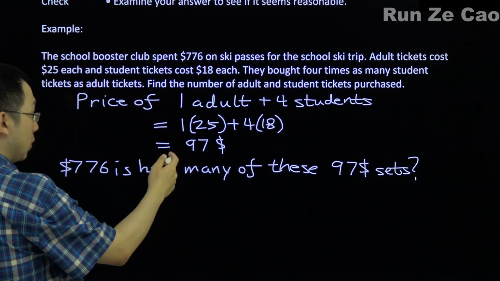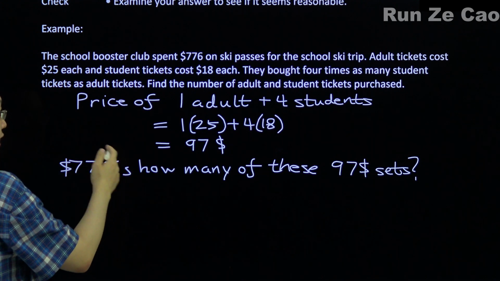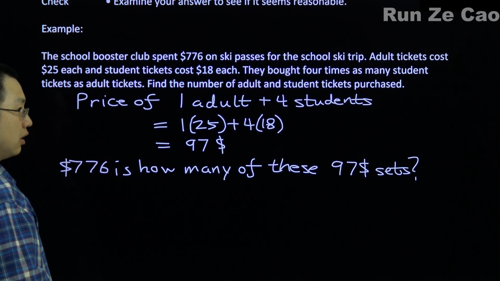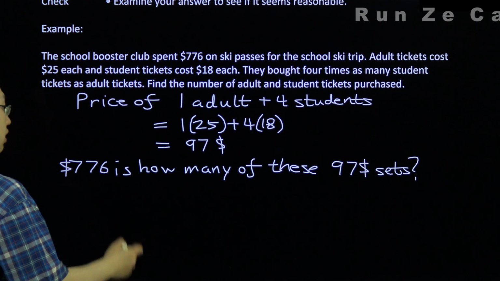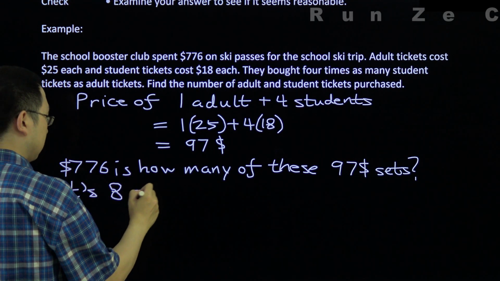So 100 minus 3 times how many is 800 minus 24? Oh, it's 8 sets.